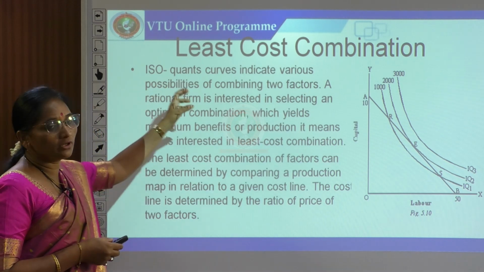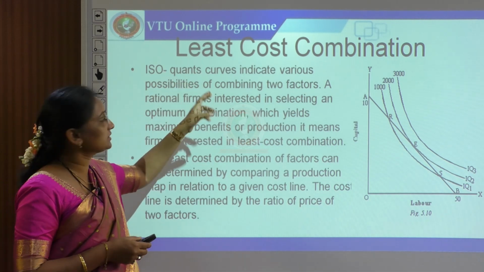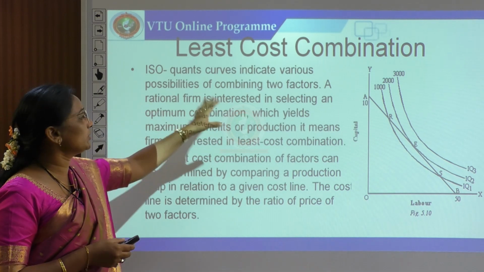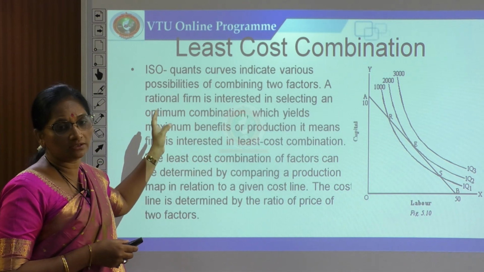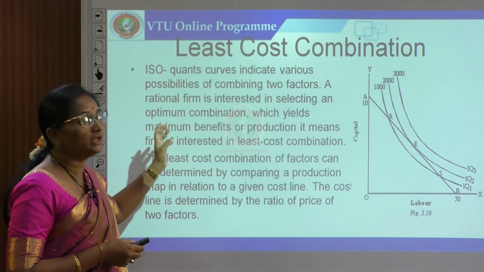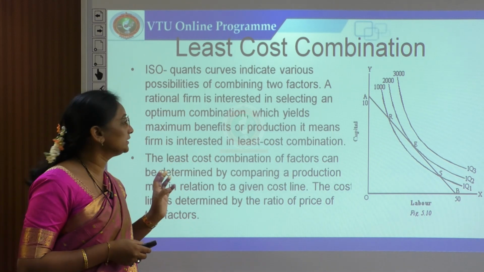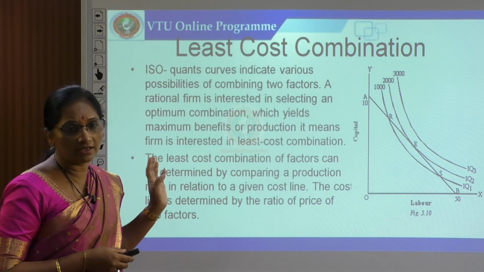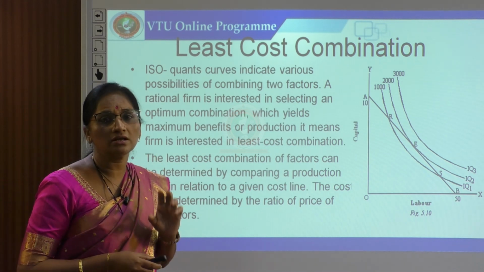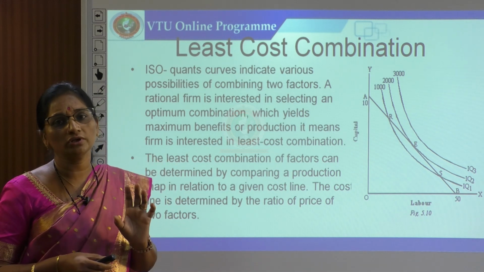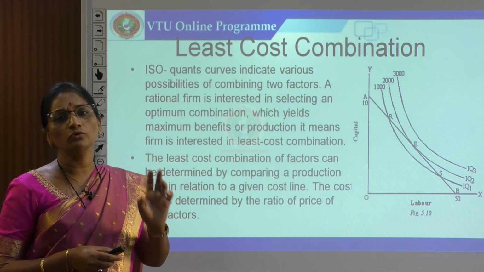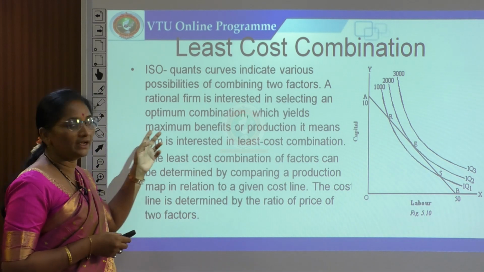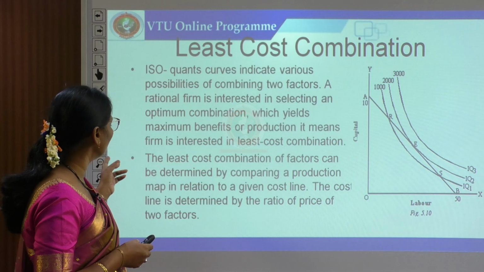Instead of going with just any two-factor combination, firms are very interested in the optimum combination, which is able to produce more and be beneficial in production. Every organization, whether small or big, wants to get more and more output from less and less input. That is what we understand in the least cost combination.